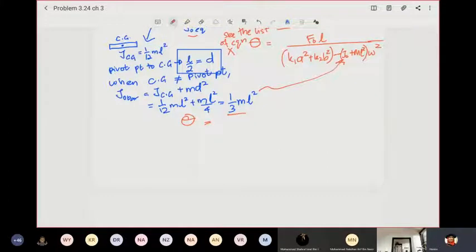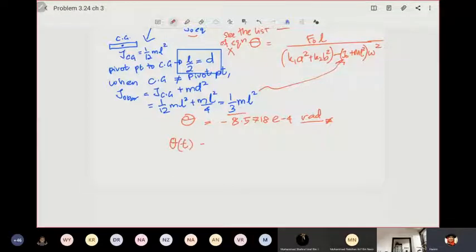So basically your capital theta, what is the unit, class? What is the capital theta unit? Radian. Yes, it should be in radian. Then you can easily write your small theta, which is the response.